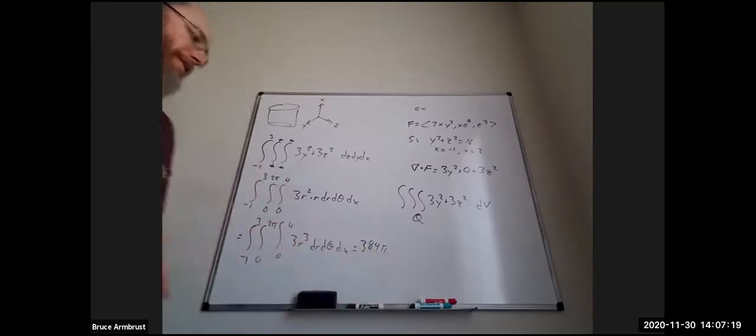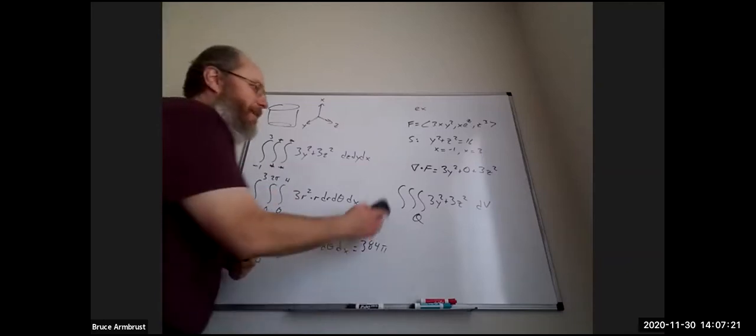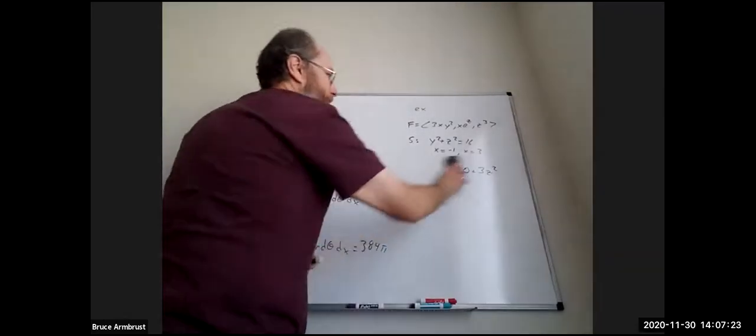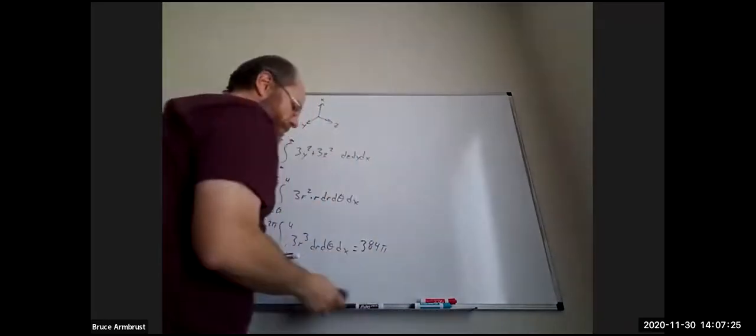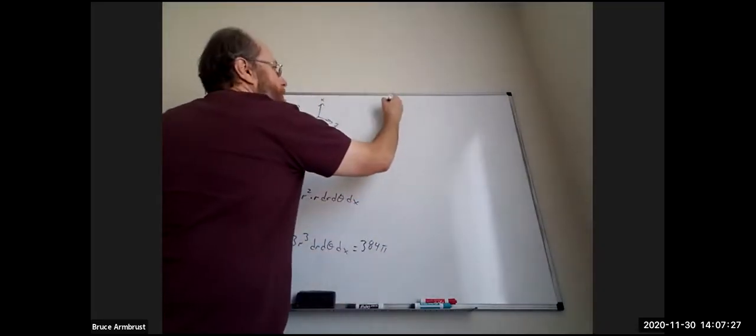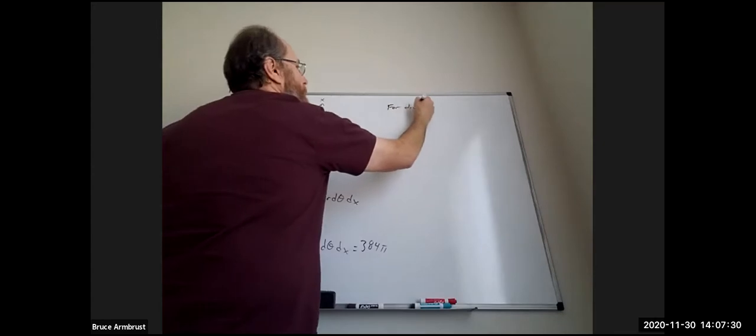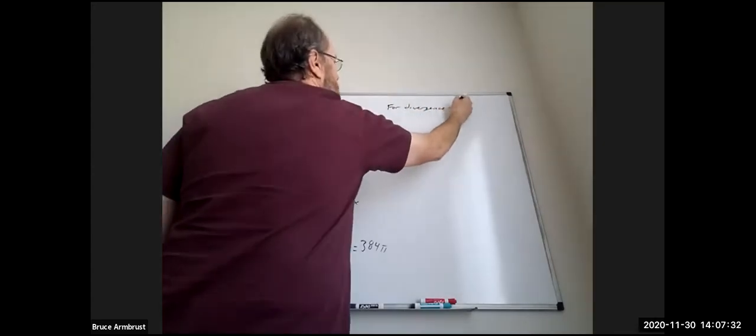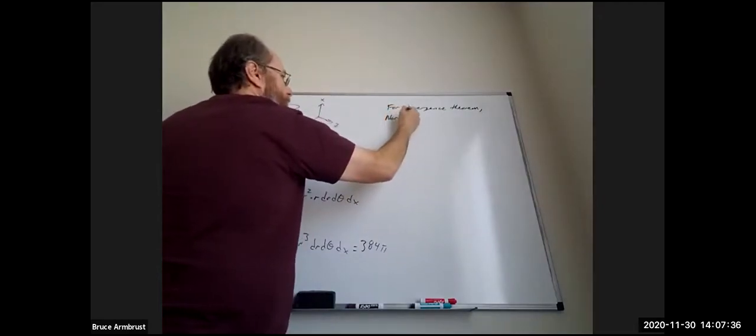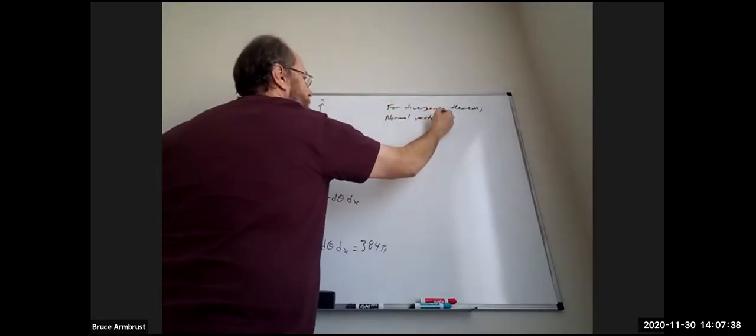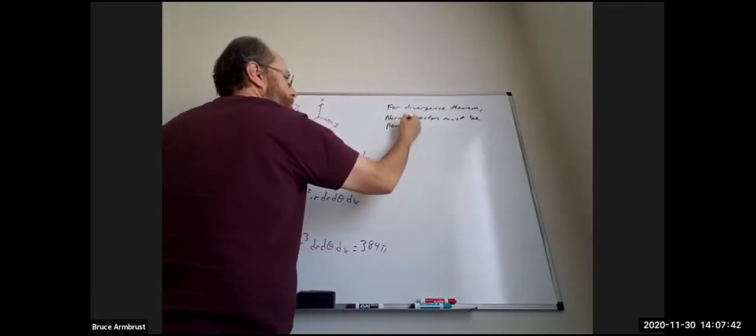When you do the divergence theorem, we need the normal vectors must be pointing outwards.